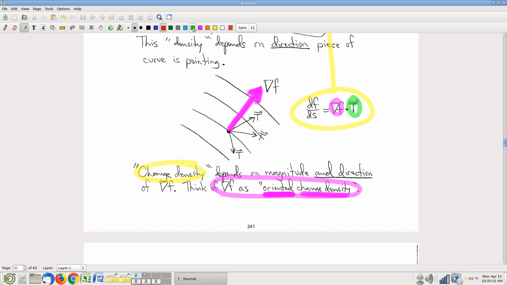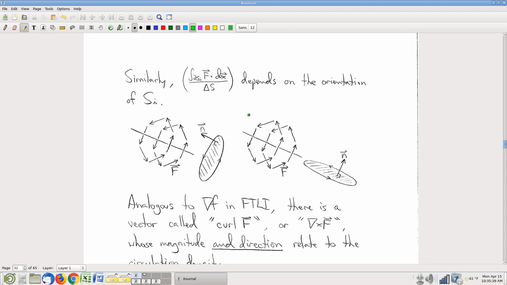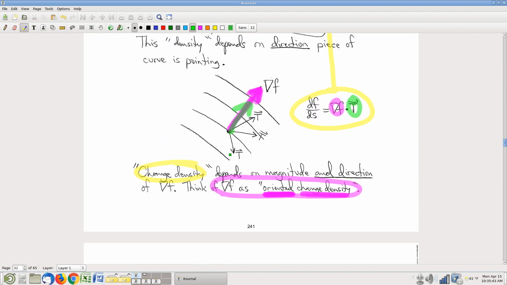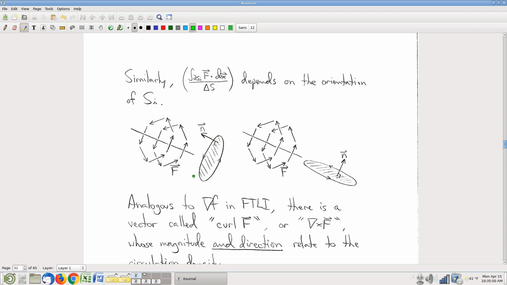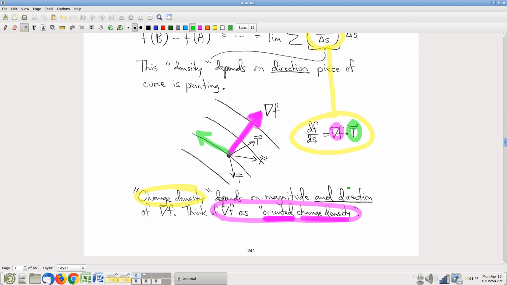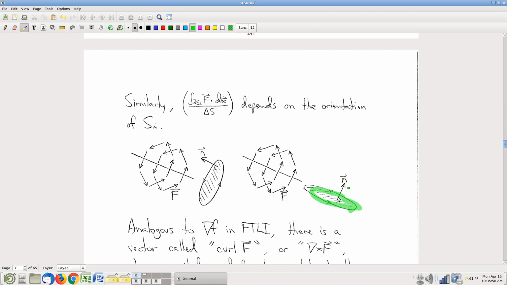If you are going the right way, you will experience here the change, here the circulation. If you are going what I'm going to loosely call the wrong way, right, like this, you will not experience the change in this context. You will not experience the circulation in this context.